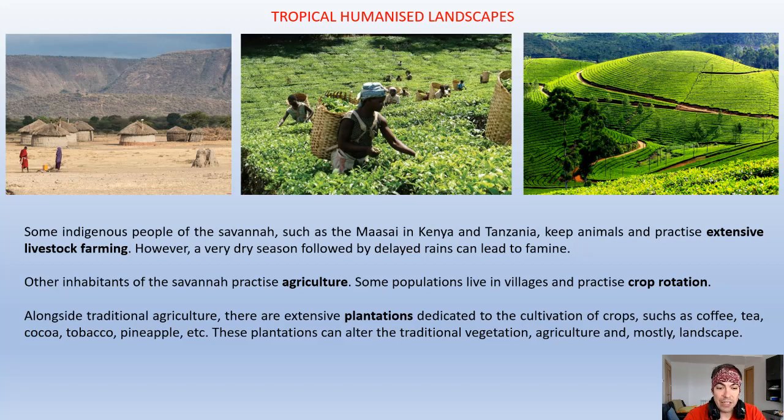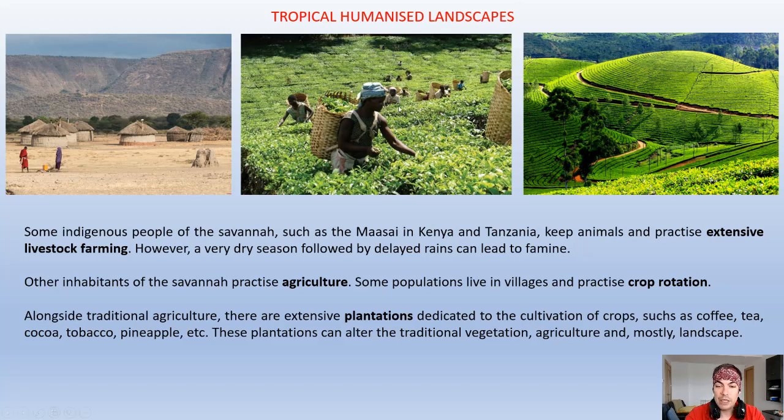Alongside traditional agriculture, there are extensive plantations dedicated to the cultivation of crops. These ones are plantations. Plantations are very, very extensive, a large surface of cultivation, okay? And in these plantations, they cultivate crops such as coffee, tea, cocoa, tobacco, and pineapple, and many more, okay?